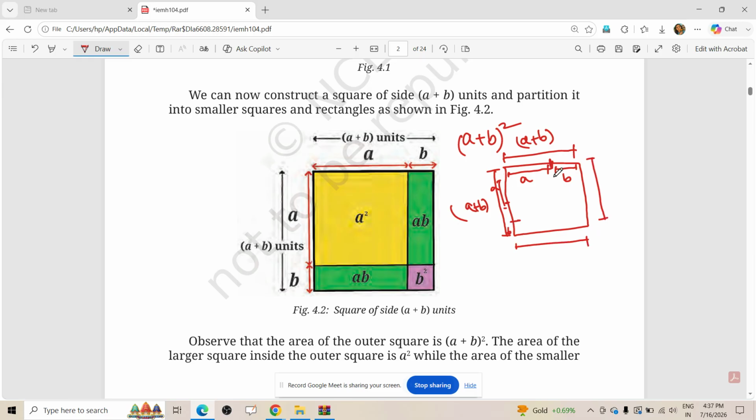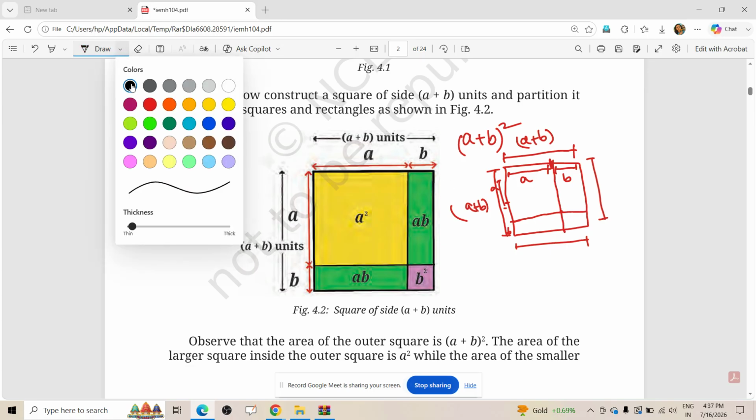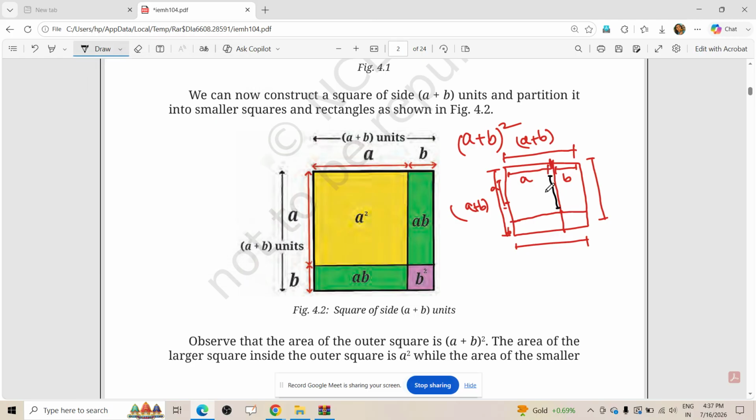So we can make a square from here also like this. How much is this unit? This unit is a unit, and this is also a unit, and this is also a unit. So this is a square of length a.